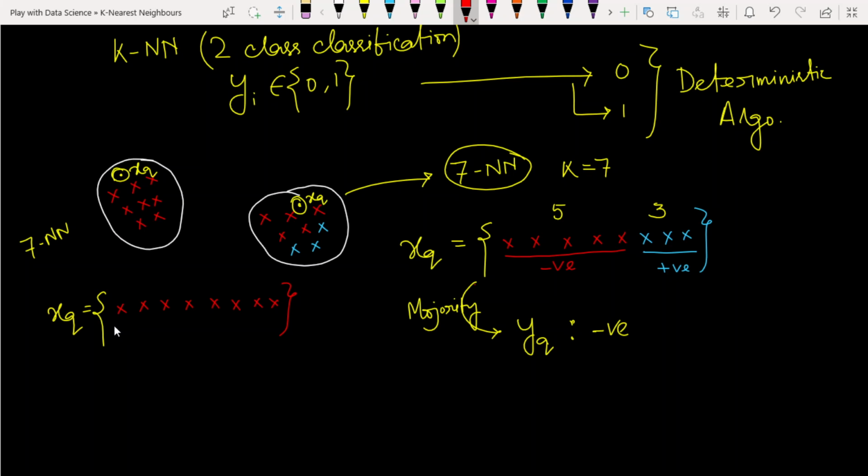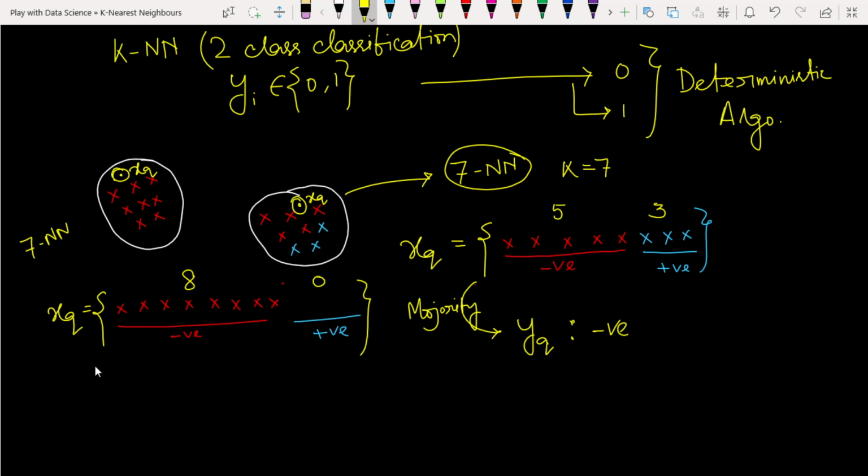Here the number of positive points is 0. Here we have 8 negative points and 0 positive points.